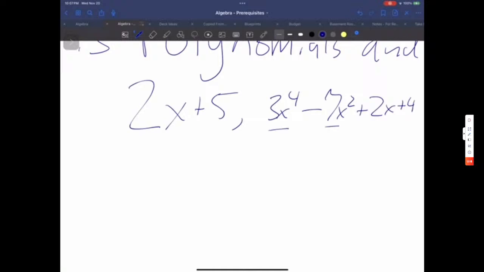As we've said before, anything separated by addition or subtraction is called a term. Because there are 4 terms, this is a polynomial. If there's more than one term, it's considered a polynomial. So you wouldn't call x squared a polynomial. That's only a monomial, I guess. So those are some examples.